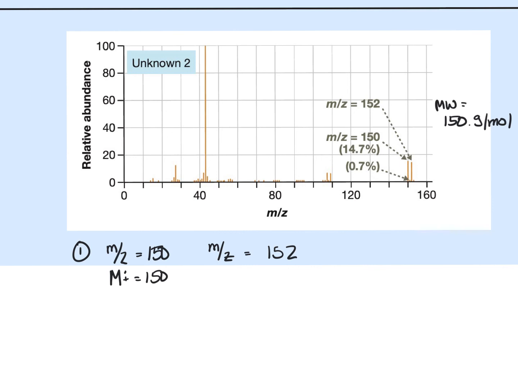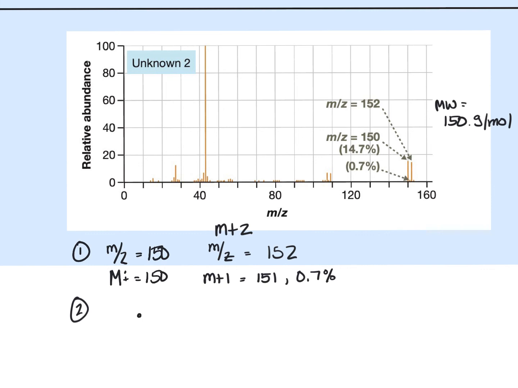Now, we have some abundances because we also have an M+1 peak. I didn't label that as my M+2. We also have an M+1 peak right there at 151, and we do have the abundance of that. That's 0.7%. Okay, so we are going to figure out in step 2 how many carbon atoms there are.